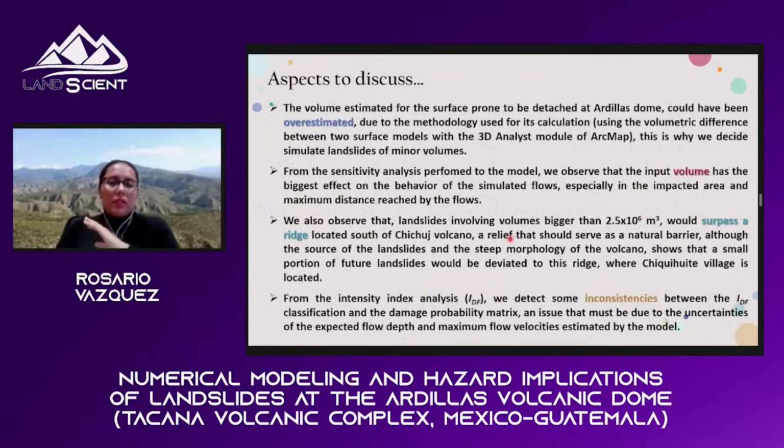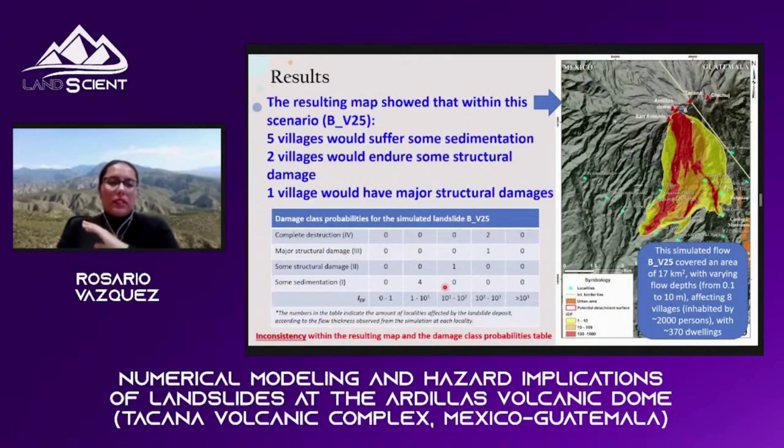And according to the matrix that I just showed you here, we have discrepancies, but in this case, the probability matrix gives us as a result that at least 2 of the villages impacted by the biggest landslide will be completely destroyed.